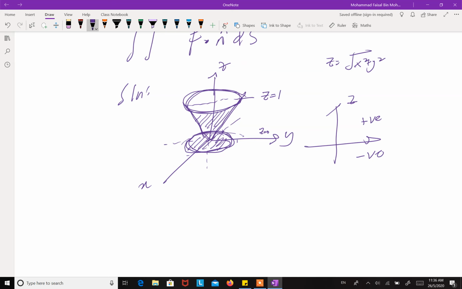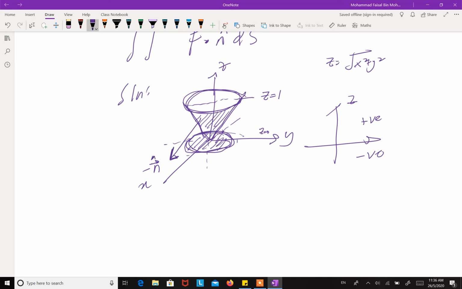Look from the top of the surface at the XY plane. So the n should be pointing downwards, negative n. Can you see? When you look from the top, the n is pointing downwards, from the positive Z to the negative Z. So the surface of the cone projects to the XY plane.